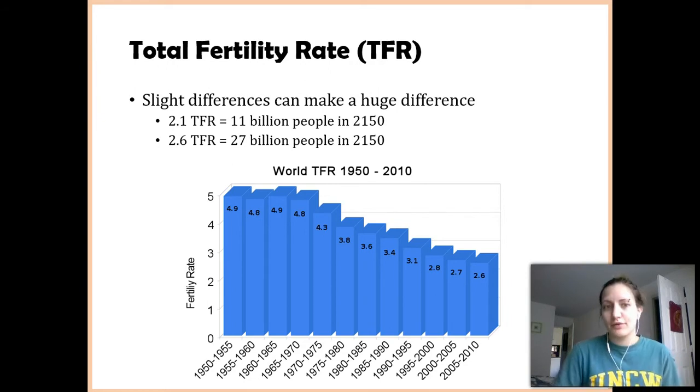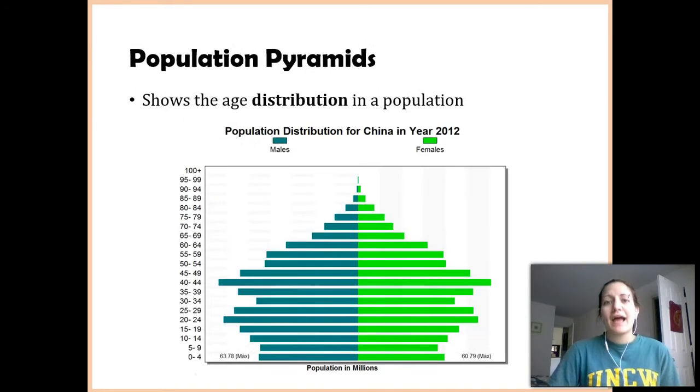Now, the last topic that I wanted to introduce, still talking about human population, is how can we look at the demographics of a population? Demographics really just means kind of like an age breakdown, a gender breakdown, just to understand what a population looks like.